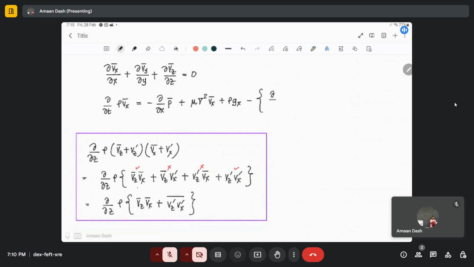So we have dou by dou x of rho vx bar vx bar plus dou by dou y of rho vy bar vx bar plus dou by dou z of rho vz bar vx bar.